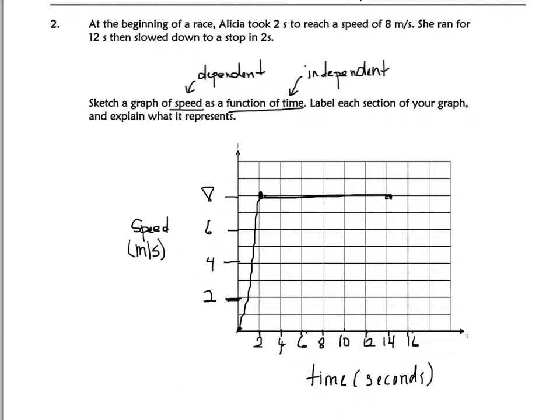And I'd be using a ruler if I was doing this on paper. Okay, and then she slowed down to a stop in 2 seconds. So it took her another 2 seconds. So she would reach basically a speed of 0. That's not a real good line there, so I'm just going to try that one once more. Very hard to do this with these pens.